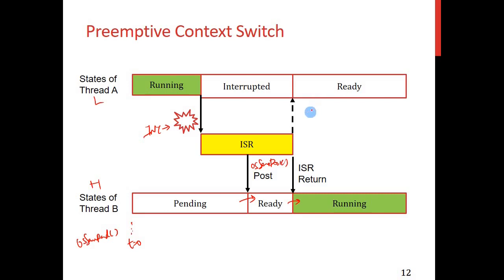So that is a big difference between preemptive and non-preemptive. In non-preemptive, what we saw is after you finish, even though you released a resource and made another task become unblocked and go to the ready state, you still go back to the original task and you wait until you voluntarily give up the CPU, correct? You call the yield function, then the context switch happens.